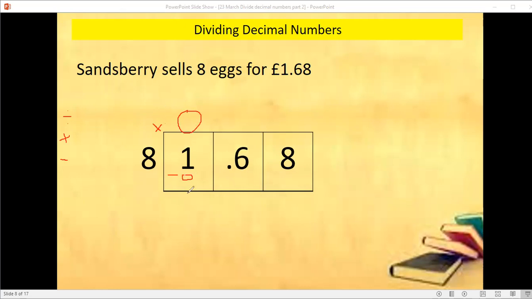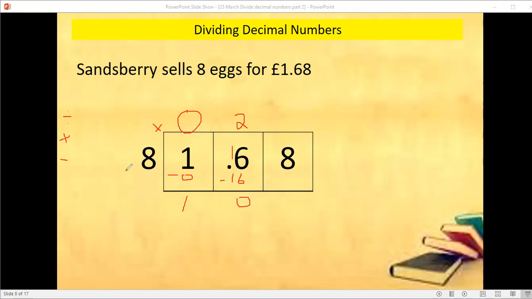Then we will subtract. We have a difference here, so we are going to put it up. Now we have 16, correct? 16 divided by 8 is 2. 2 times 8 is 16. Then we need to subtract.